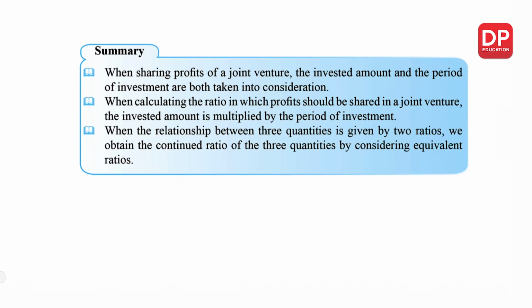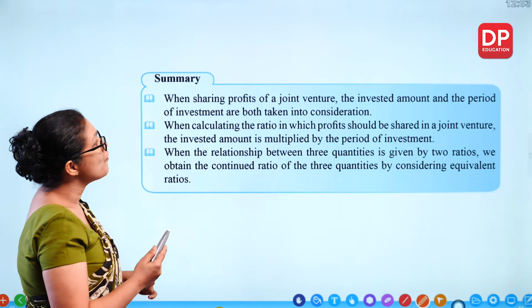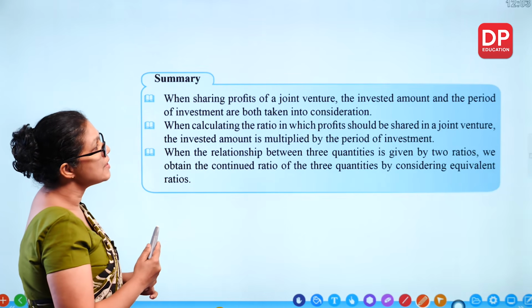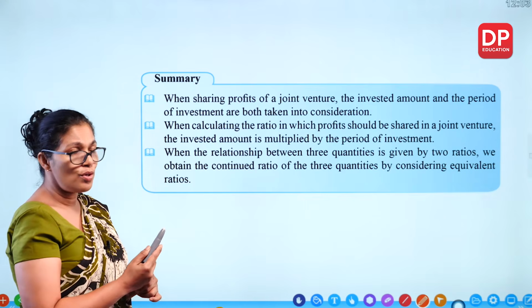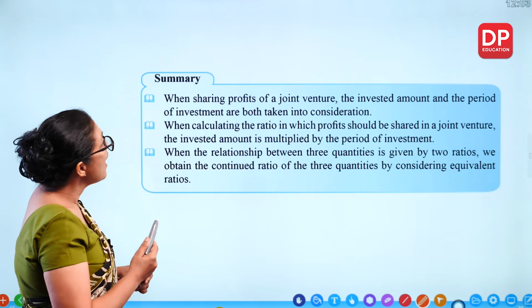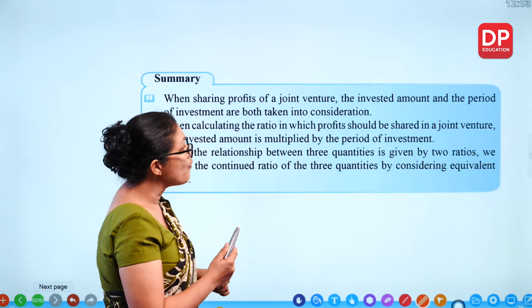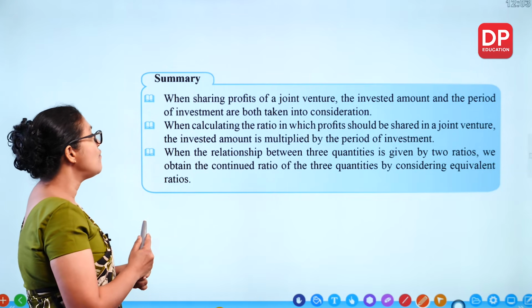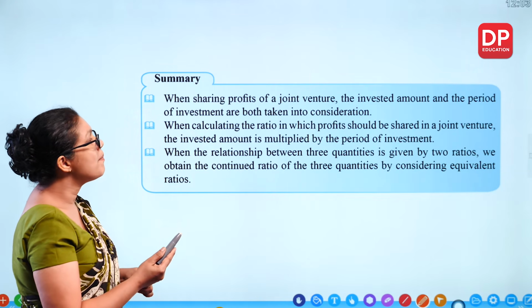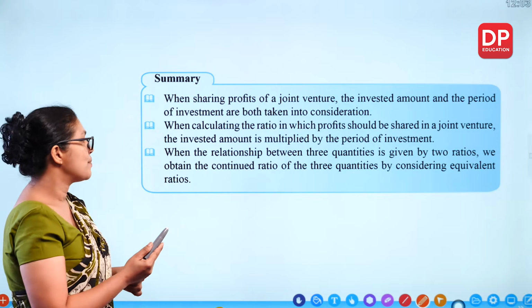So we completed all theory related to ratios. When sharing profits of a joint venture, the investment amount and the period of investment are both taken into consideration. When calculating the ratio in which profits should be shared in a joint venture, the invested amount is multiplied by the period of investment.